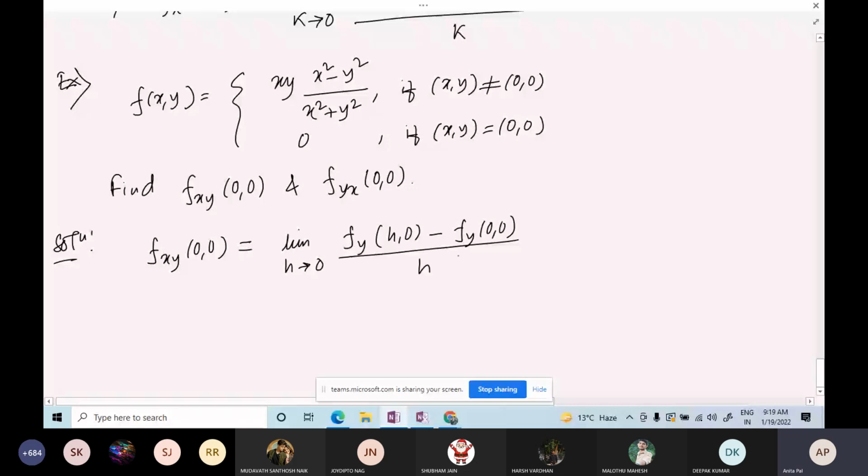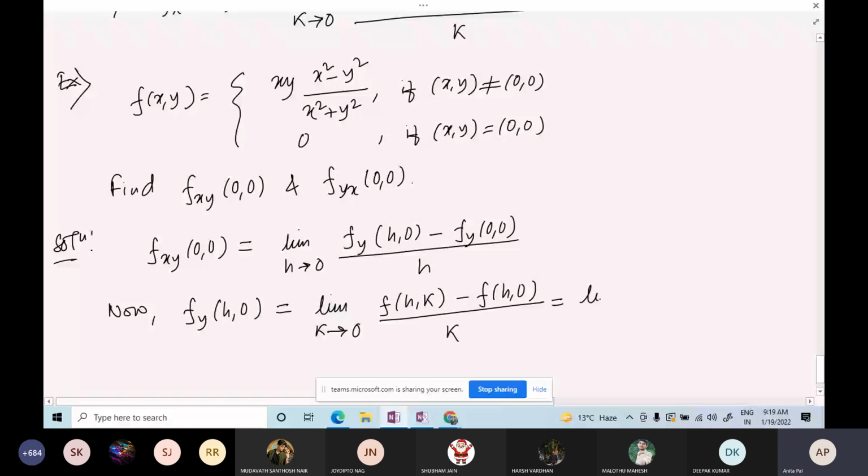Now separately we have to find out what is fy(h, 0). That is del del y of f(h, 0). So as per formula, we should write limit k tends to 0, f(h, k) minus f(h, 0) by k.